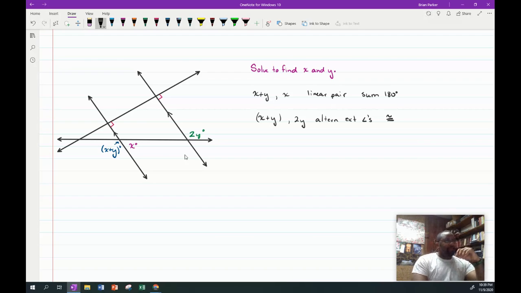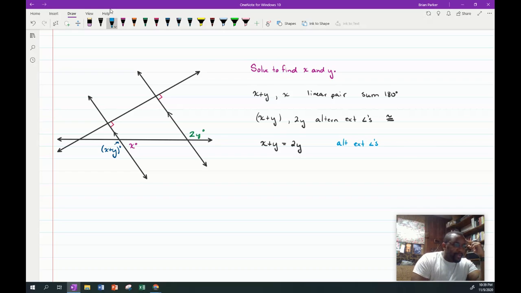So let me start using the information I have and start making some things happen. So I can say that x plus y equals 2y. And you might be like, well, why do I get to say that? Because those are alternate exterior angles.